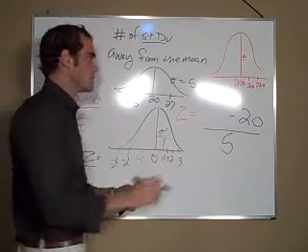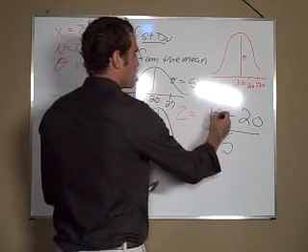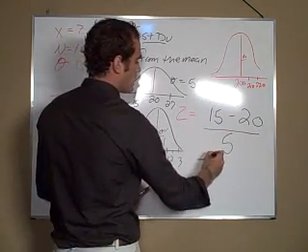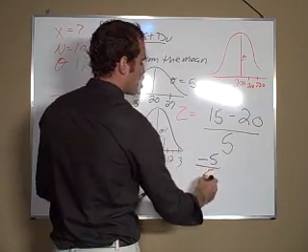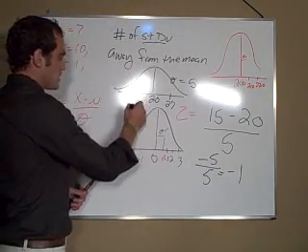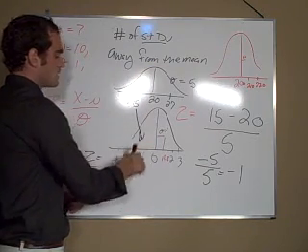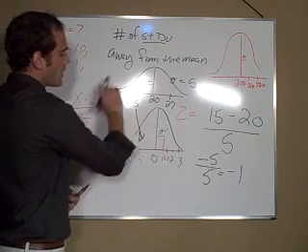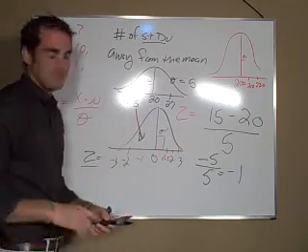Well, nothing changes except our x. Now our x is 15. 15 minus 20 is minus 5. Over 5 is minus 1. And you can see that that lines up exactly with minus 1. Standard deviation here is 5. So we are 1 standard deviation away.